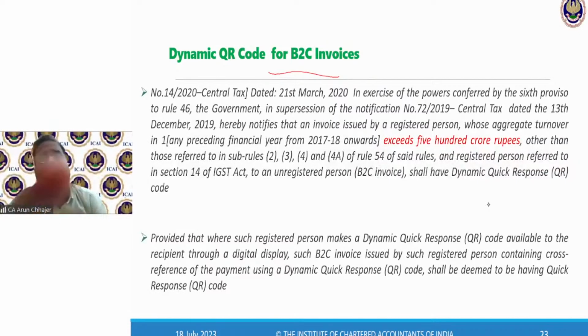One thing tell me, please confirm. Is export B2C or B2B?